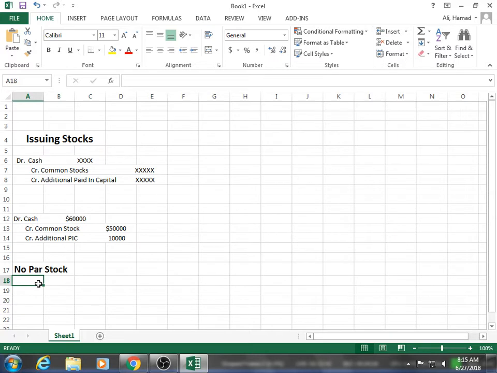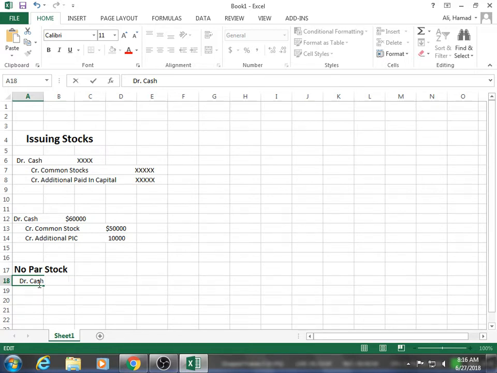So we're going to debit what? Cash, automatically. For how much?